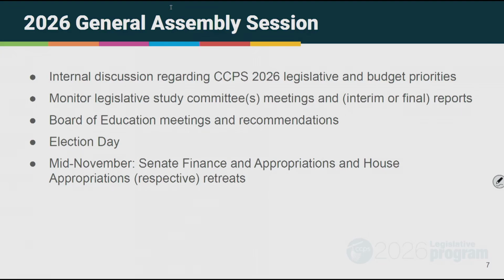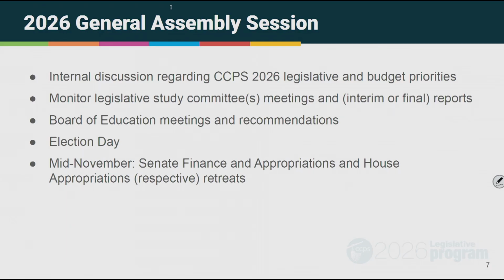As you talk about the 2026 General Assembly session, the first thing to consider really is our timeline. As we know, clearly with this conversation and other conversations, this really is a year-round process for the elected boards and obviously for staff. So we continue the conversations within staff about our needs within Chesterfield schools, as well as how they advocate directly to the General Assembly through the work that I've been doing. I've been monitoring the legislative study committees and their work.